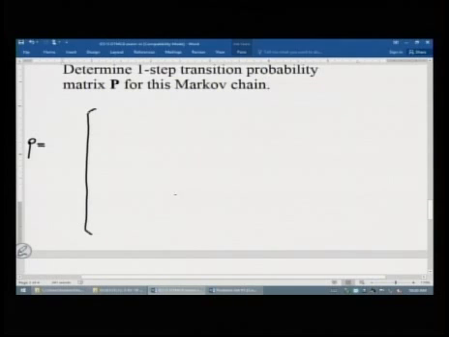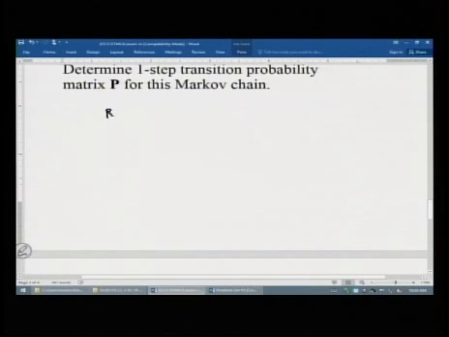Maybe let's draw the transition diagram first. Probably that'll be easier, because for me at least, drawing the transition diagram would be better. So let's say we have 8 different states.